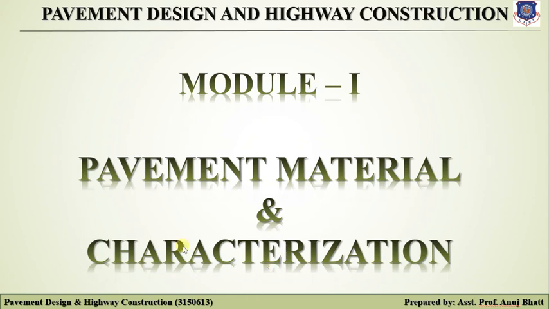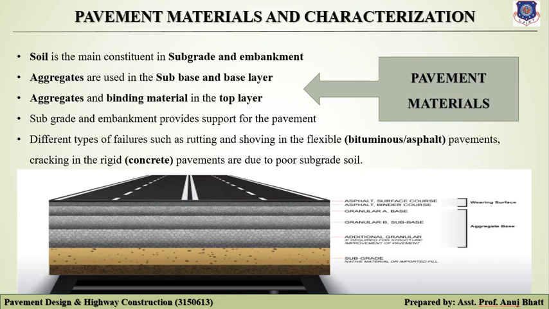So we are moving to the pavement materials. We can say we basically have four different layers. Starting with the bottom one is subgrade, the upper portion of subgrade. The next layer after subgrade is subbase, then the base layer, and then the surface layer.